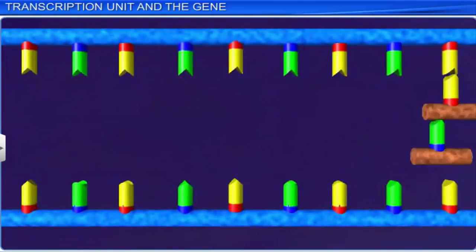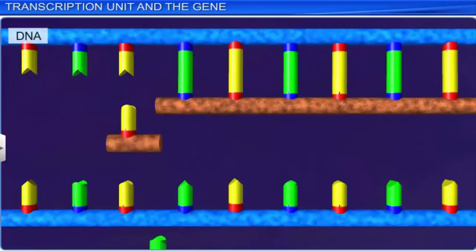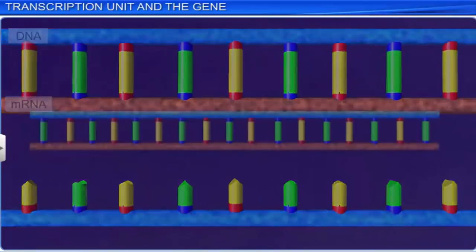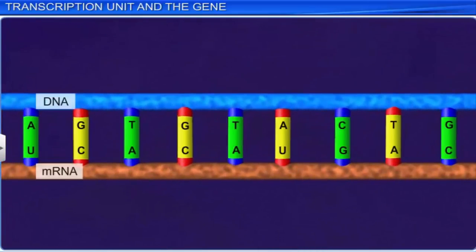It is a process by which genetic information in DNA is transferred to a molecule of messenger RNA. It is governed by the principle of complementarity, with one exception, that adenine now forms a base pair with uracil instead of thymine.